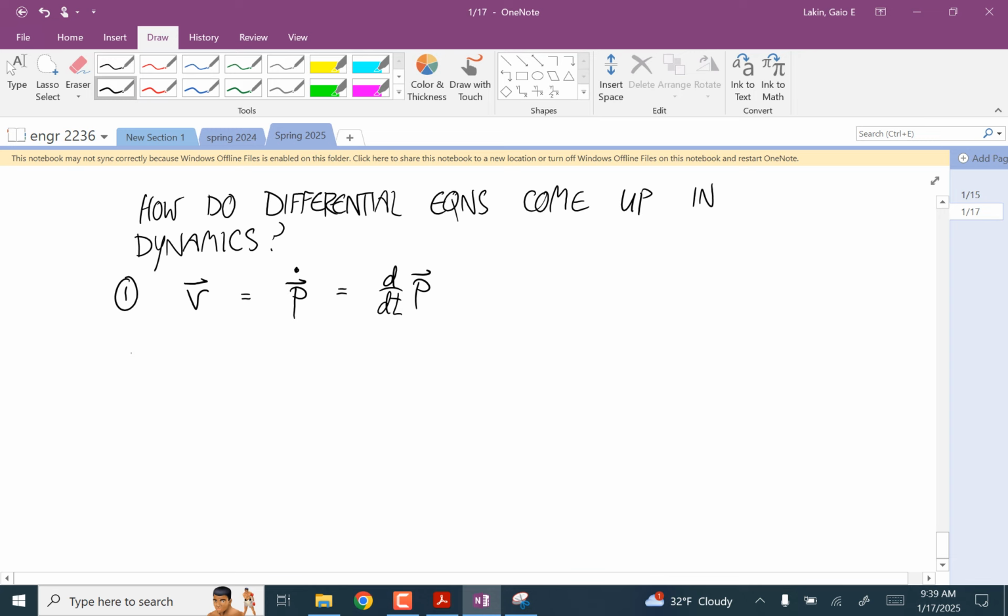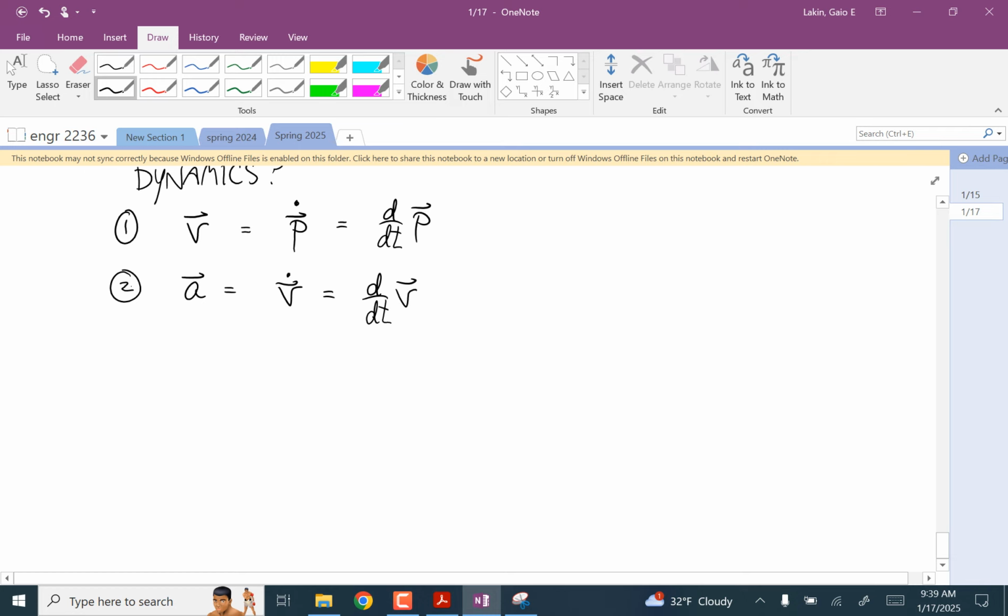The second way is that the acceleration is the time derivative of the velocity, or in other words, d dt of the velocity. And these are all definitions. I guess I'll give it this definition thing, like that can never be false, okay?